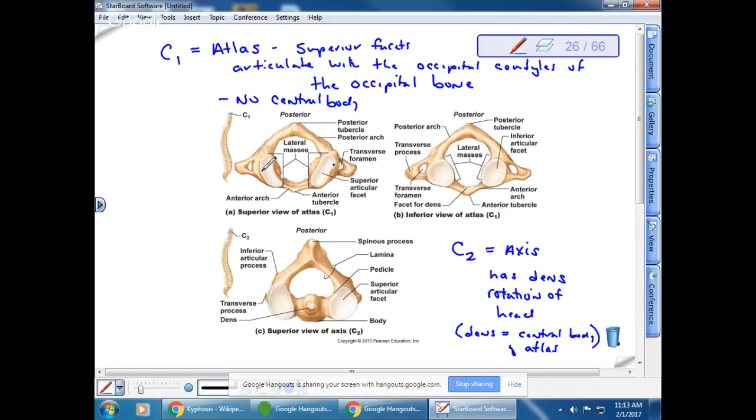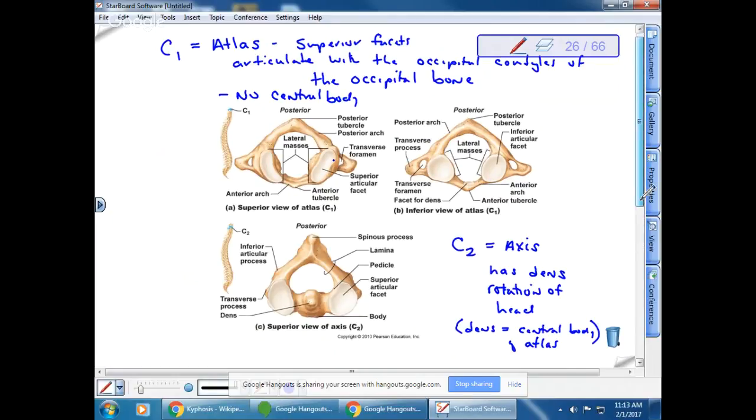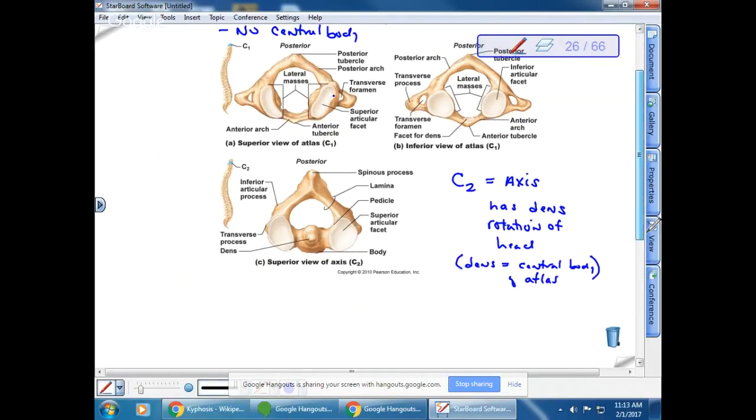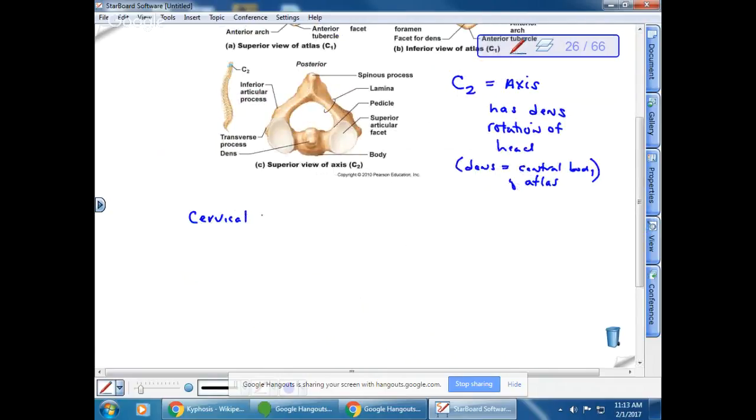So the transverse foramen in cervical vertebrae, so I'll put cervical vertebrae have transverse foramen. Those are holes, right?